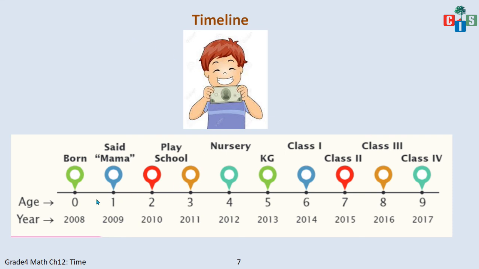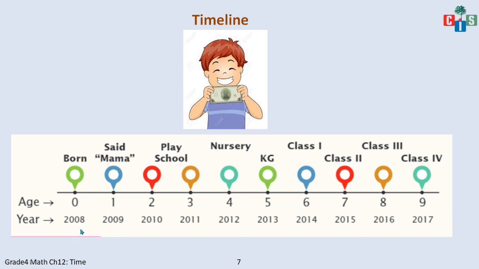Yes, so this is known as a timeline of Rishi. This means that a timeline is like a number line, which features some basic data or some basic time in chronological order. Now chronological means from smaller to bigger, first to second, in a hierarchy order.